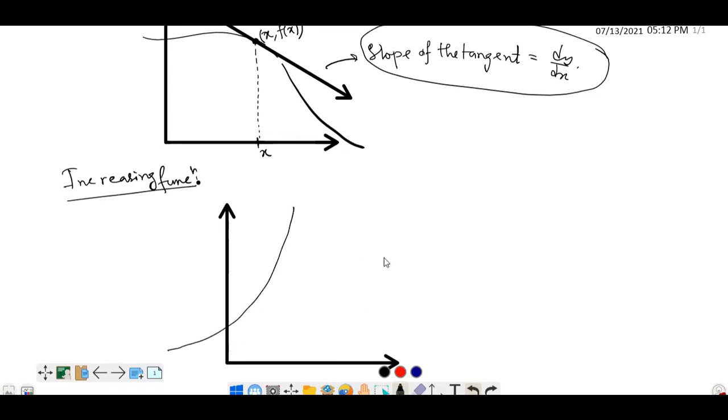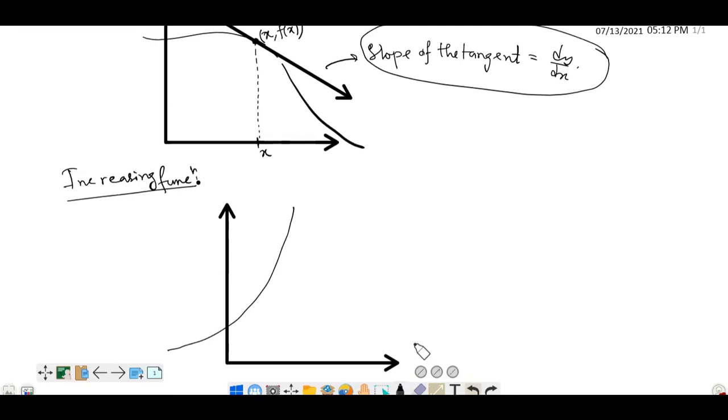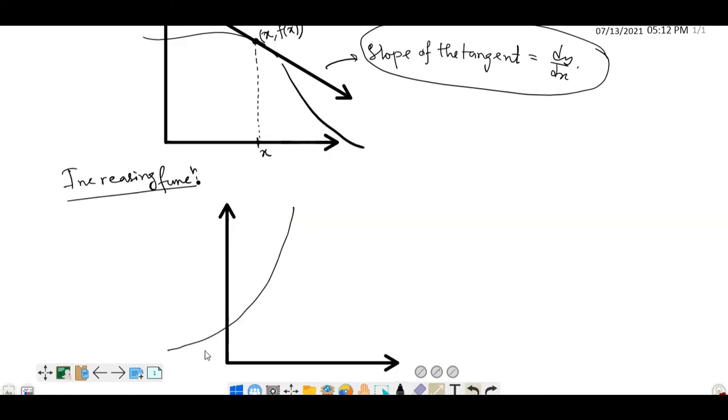It is increasing. If you draw a tangent here on this line, let me take the tangent a little bit lighter, then you will see the tangent will be looking like this. This is the tangent at some point here.